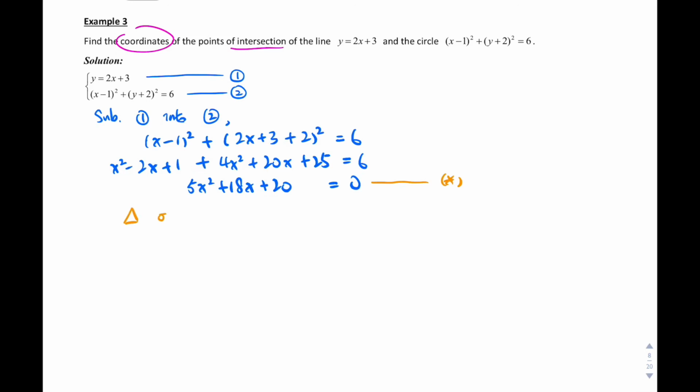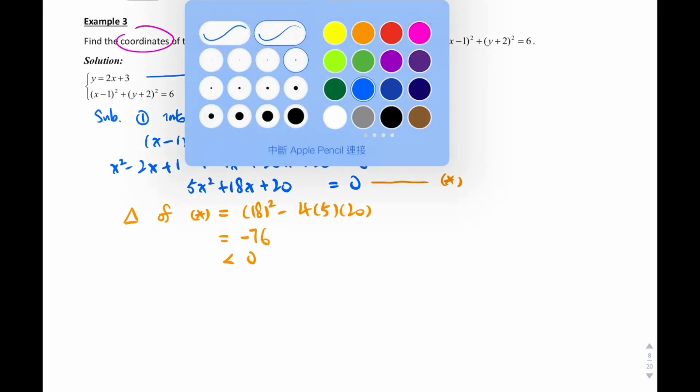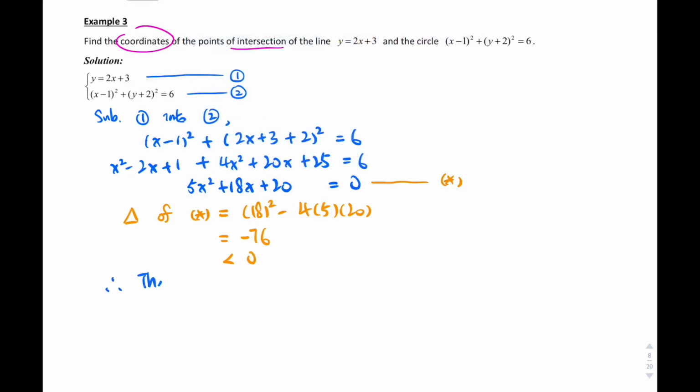So you just write down the value of the discriminant to show there are no real roots for this quadratic equation. You have b squared minus 4ac, and the value is negative 76, and this is less than 0. So you can conclude actually there are no intersections.